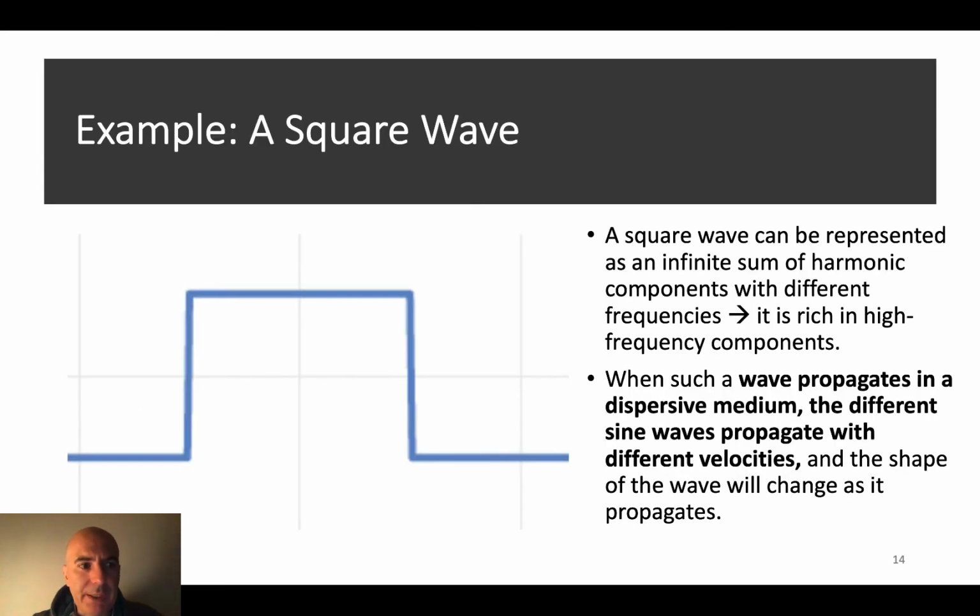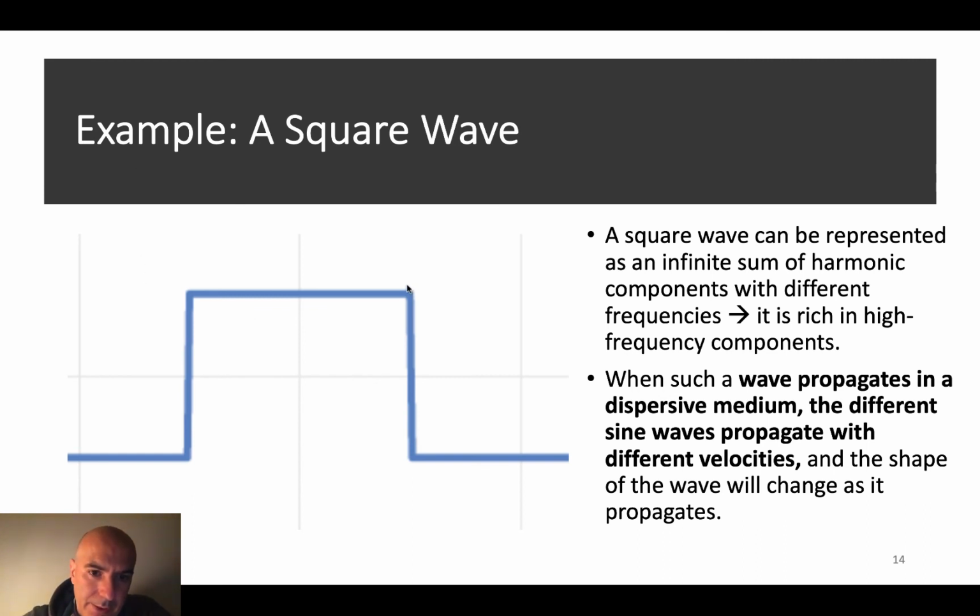So what I want to do is to study the propagation of a square wave on a grid, solving using the finite difference time domain technique. As we know, a square wave can be represented as an infinite sum of harmonic components with different frequencies.